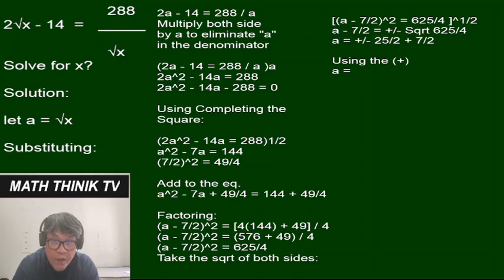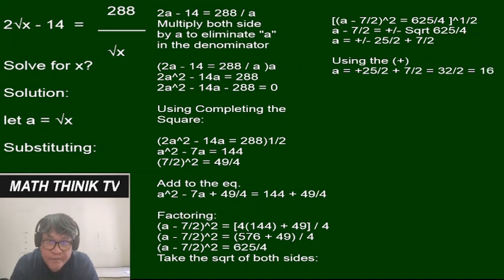So a is equal to positive 25 over 2 plus 7 over 2, that will be equal to, so this is fraction with same denominator, so just add it, right? 25 plus 7 is 32. 32 over, just copy the denominator, which is 2. Okay, so this will be equal to 32 over 2, that is 16. Okay, so a is 16 using the positive sign or positive value.